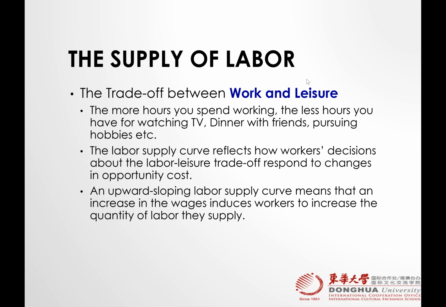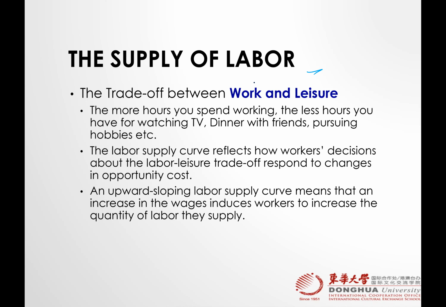Okay, class, welcome back after the break. We were discussing the demand for labor, and then we talked about the shift for labor. So let's talk about the supply of labor.